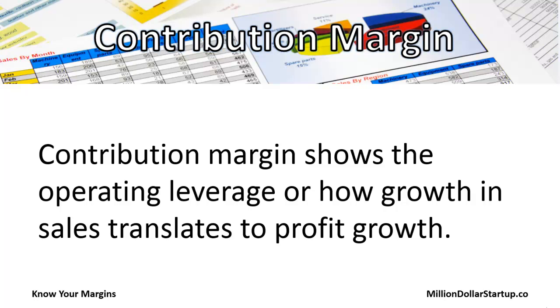So contribution margin shows the operating leverage that you have in your business, or how growth in sales either contributes or takes away from profit growth. Because if you have a positive contribution margin, then you want to sell as much as possible because each additional sale contributes profit to the business.